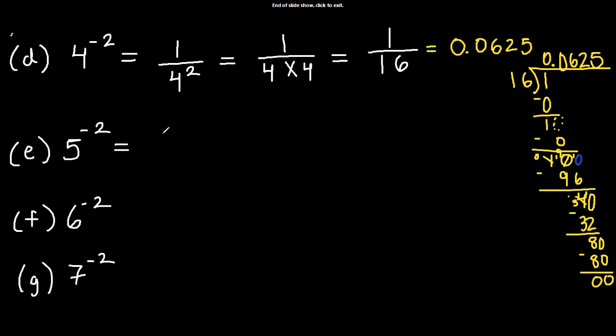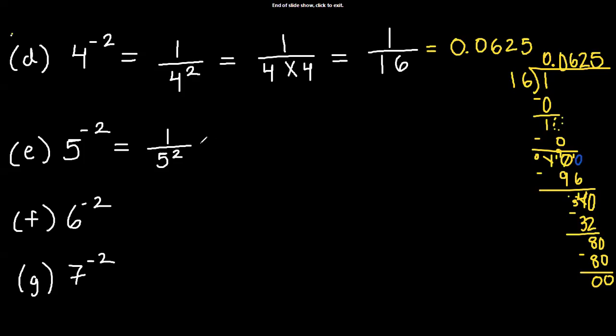Since the power is negative, you have to flip it. So it's going to be 1 over 5 to the power of 2. Very good.